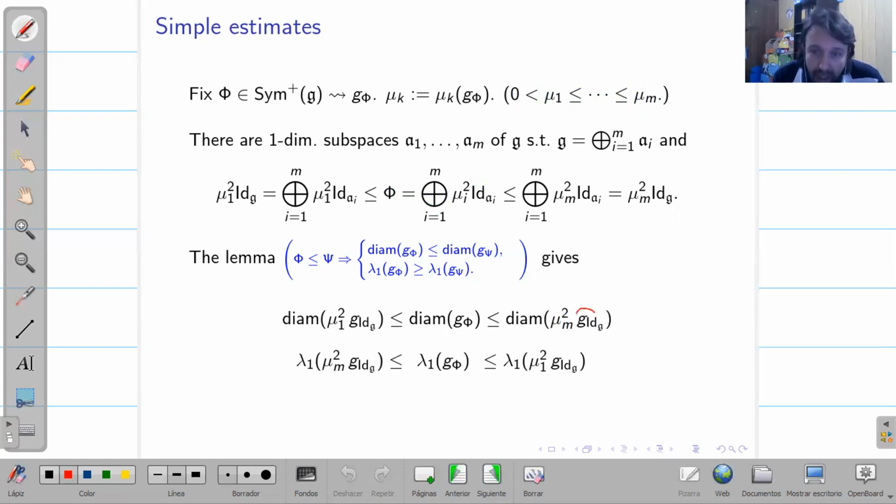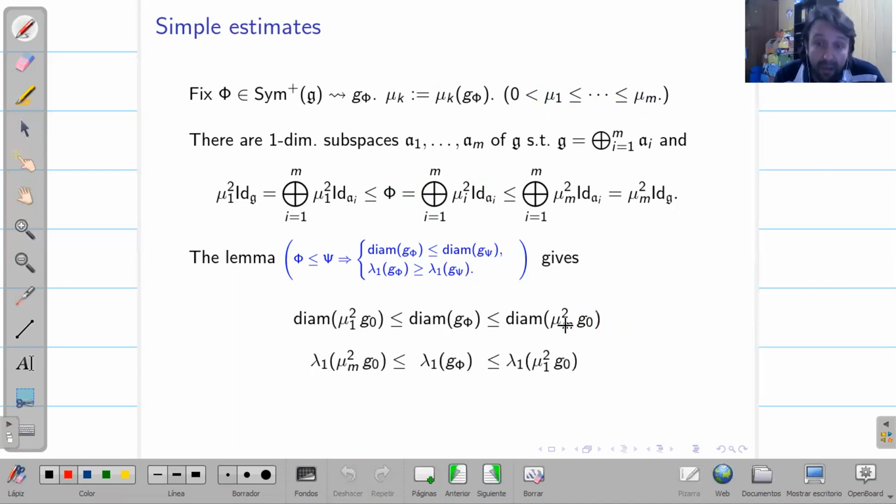First, replace this path by G0. We mentioned this, right? The metric associated to the identity map is the fixed bi-invariant metric. And now we take these factors outside of this function, right?